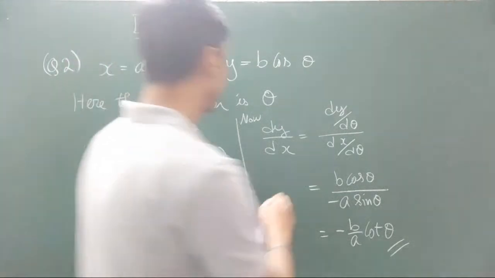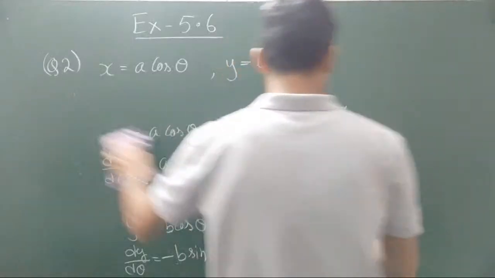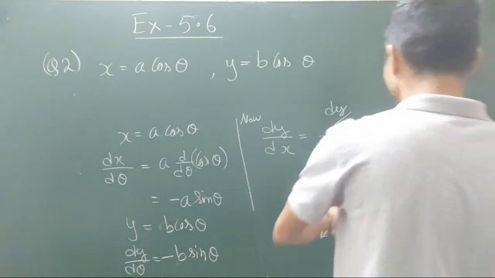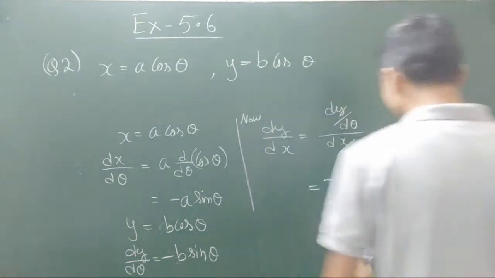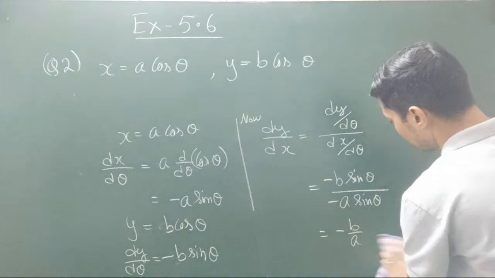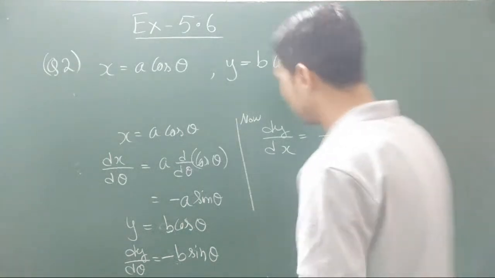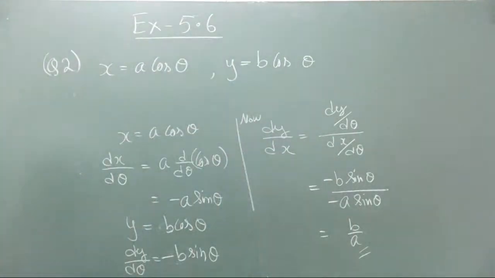In that case dy by dx would be minus b sin theta upon minus a sin theta. So sin theta we can just cancel here. The answer would be minus minus plus, so that will be just b by a. Sorry. Yeah, Hilal, you informed me. Thank you for that.